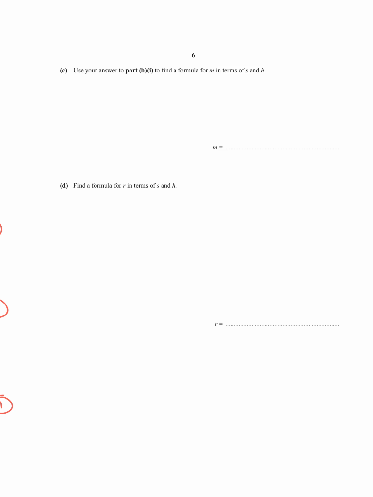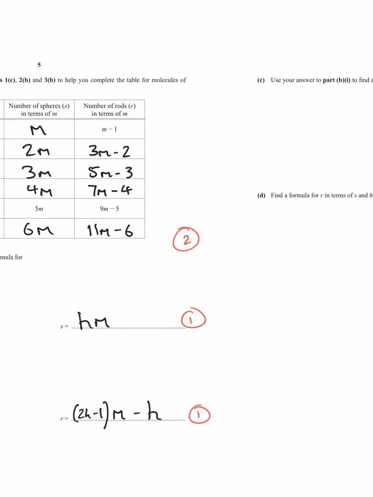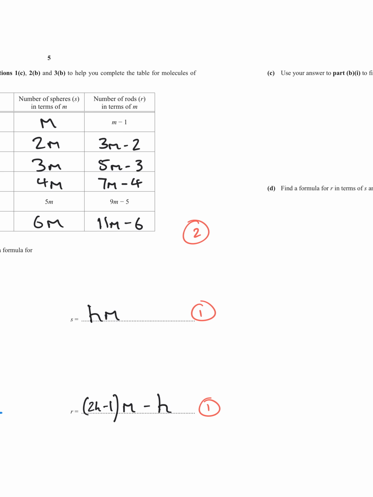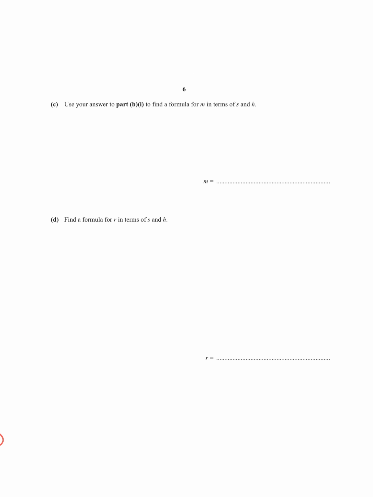Okay, question C. Use your answer to part B I to find a formula for m in terms of s and h. So let's just look at what we got for B part I. You can look across the page, but we got s equals hm. That was my answer. So I'm just going to write that out here so I can refer to it.